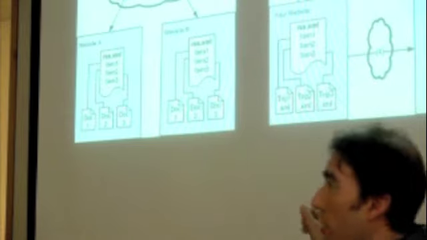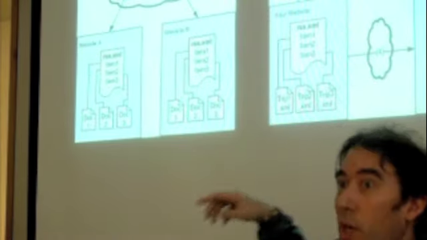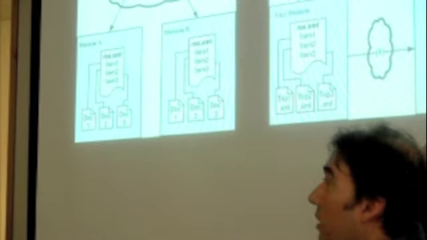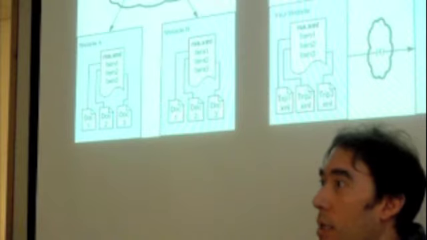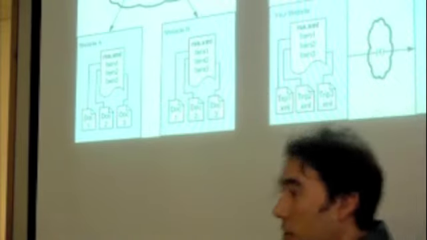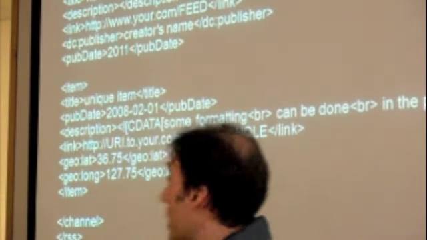Another thing about GeoRSS is that you can use very simple APIs like OpenLayers and others to automatically map the items in the feed that have the GeoRSS elements. So you just add a little bit to the picture and you get a lot more bonus.